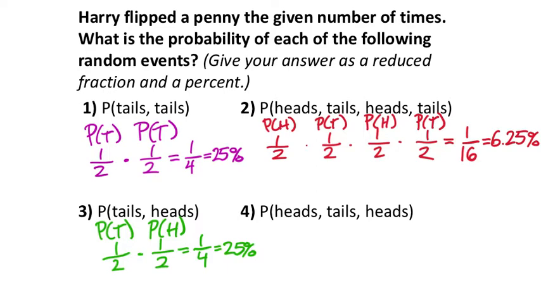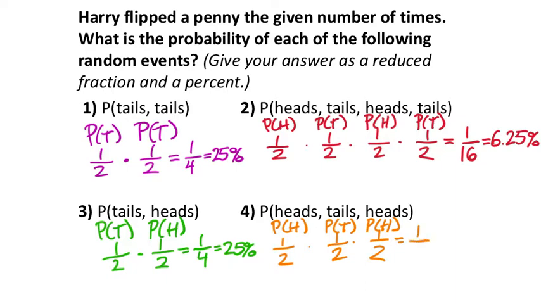Number four looks like he's going to toss the coin 3 times. First, we're looking for the probability of heads, then the probability of tails, and then the probability of heads. And again, the nice thing about tossing a coin is no matter what you're looking for, heads or tails, it's always going to be 1/2. So we're going to multiply these out. In the numerator, 1 times 1 times 1 is 1.